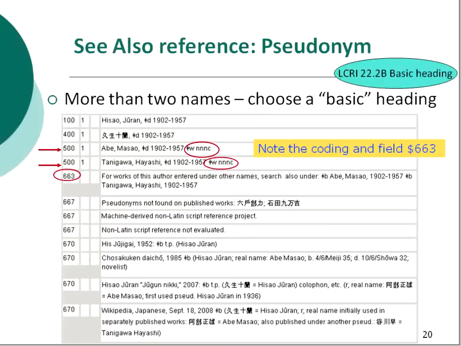The cataloger also needs to provide a 663 cataloger-generated reference field listing all the other names that are being used, using a formatted note, which we're showing here.